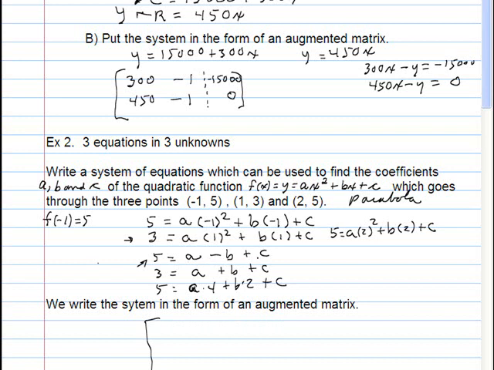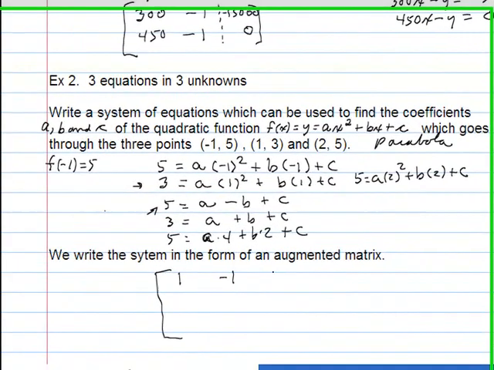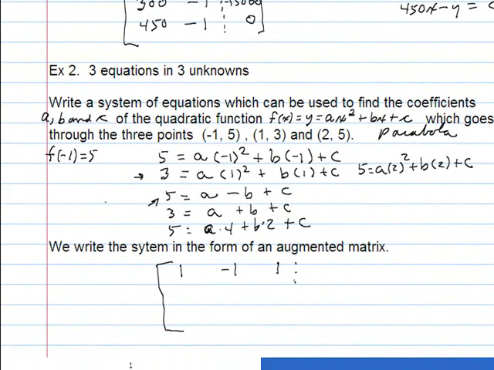I want to put the coefficients of A, B, and C. So for the first equation, it's 1A minus 1B plus 1C, and then here's my equal sign, equals 5. And for my second equation, 1A plus 1B plus 1C is equal to 3. And for my third equation, 4A plus 2B plus 1C equals 5 again. And there is my augmented matrix.